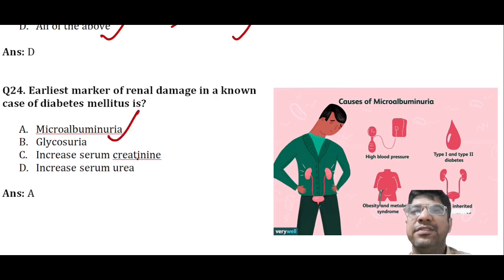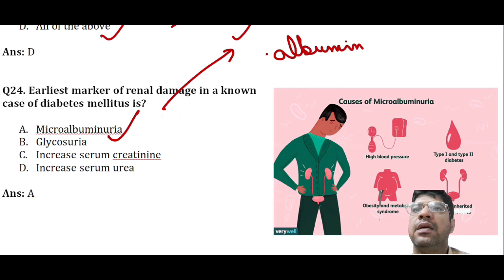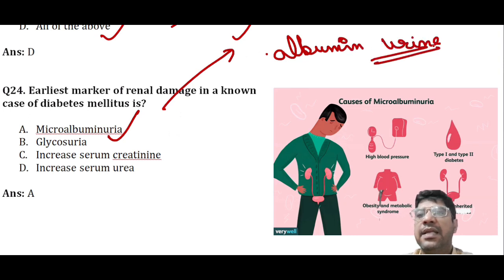So what do you mean by microalbuminuria? Microalbuminuria refers to the presence of a small amount of protein, that is albumin, in the urine. That can be detected in the early stage of kidney damage. It is a widely used early clinical indicator for diabetic nephropathy.